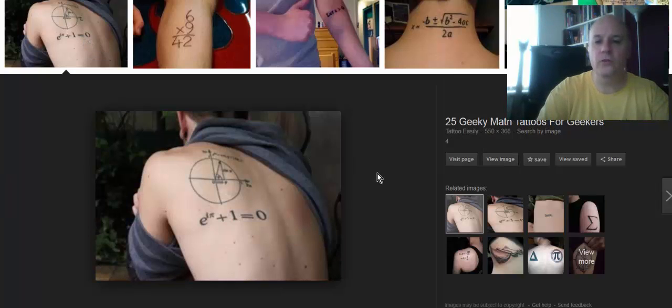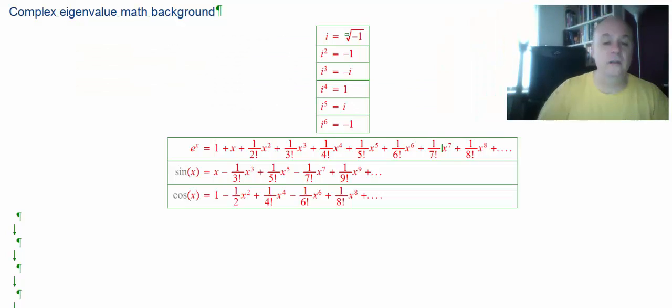This is probably the most common one that shows up. That's e to the pi i plus 1 equals 0. This equation people obviously think are cool enough to etch upon themselves, but you'll also see it on the floor in the Gosnell building on the stairs.